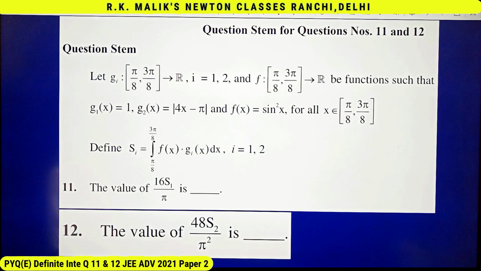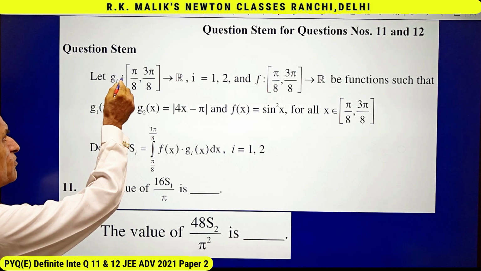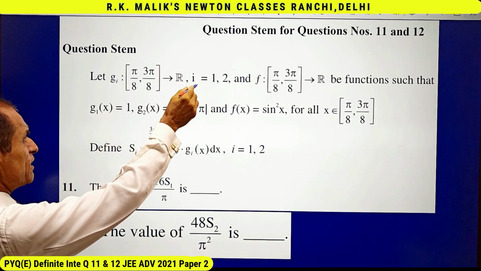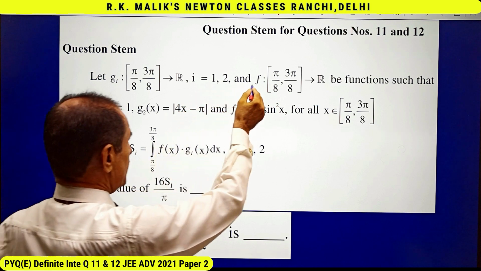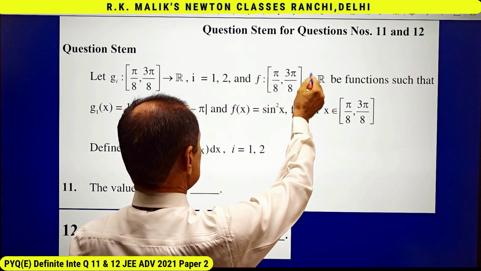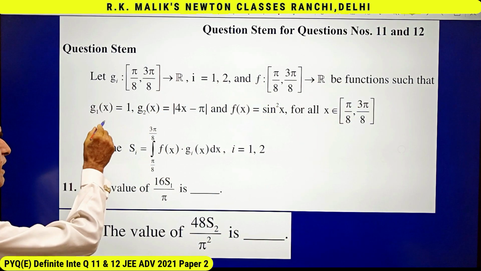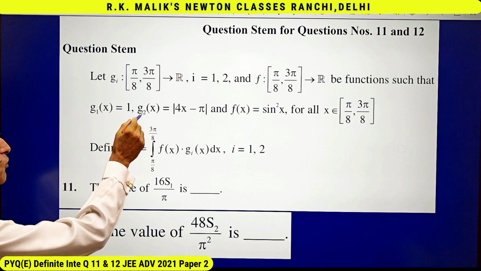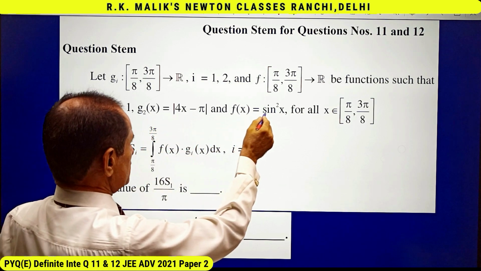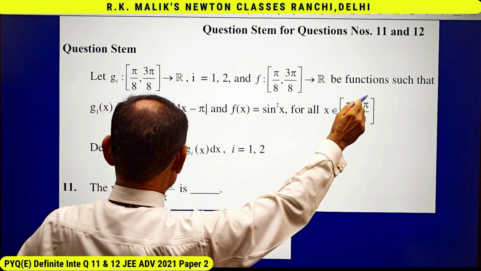In this question, it is given that let g_i be the function which takes the interval to R, where i can be 1 or 2, and f is the function which takes this interval to R, such that g1(x) is equal to 1 and g2(x) is mod of 4x minus pi, and f(x) is equal to sin square x for all x belonging to this interval.